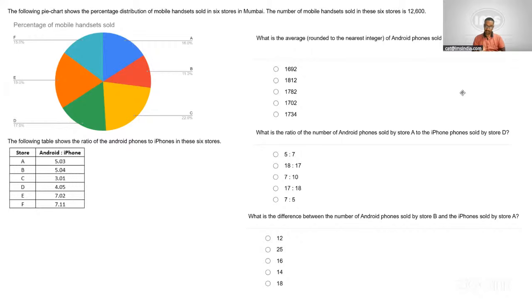I'll try as quickly as I can. What is the average of Android phones sold by the stores A, C, and E together? No, I'm not going to do that. Ratio of number of Android phones sold by store A to the iPhones sold by store D. Okay, so 5.03 is effectively 5.03 is to 1. 5.04 is to 1. 3.01 is to 1, and so on. So, no, this is definitely not going to help. I will leave this for now at least.